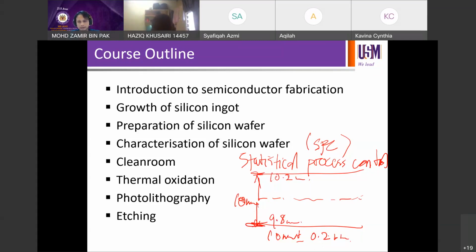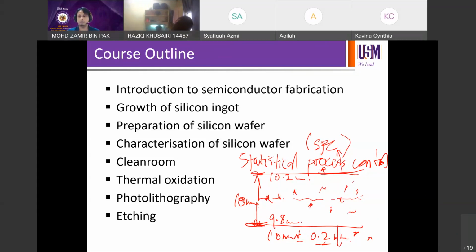Because the spec, the limit is plus minus 0.2. So anything outside this region is considered out of spec. You only have to maintain your measurement within this limit. Semua kena duduk dalam ni, tak boleh keluar. The moment you're out, your process, your equipment will be shut down. So nanti kita akan belajar the role of process engineer.